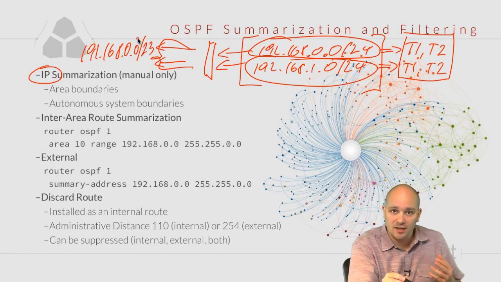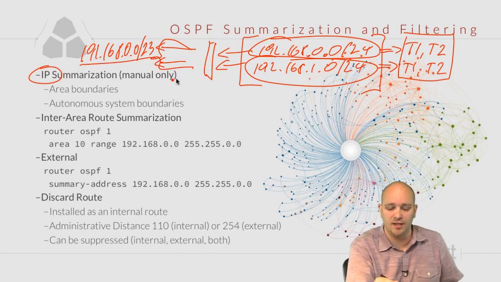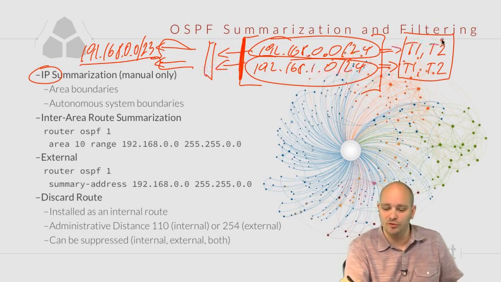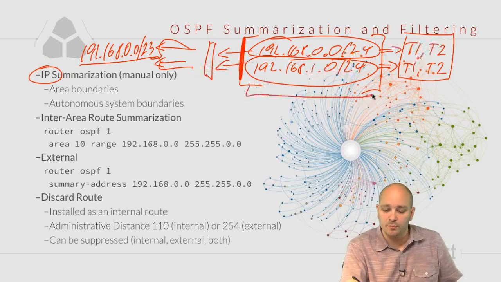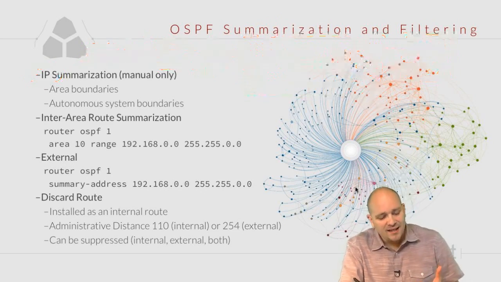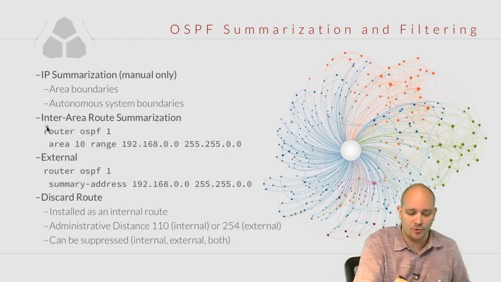With this single prefix, with this single summary, we are still going to provide reachability to both of these networks. So we can perform not only the summarization of the topology information, but we can provide the summarization of the routing information as well.